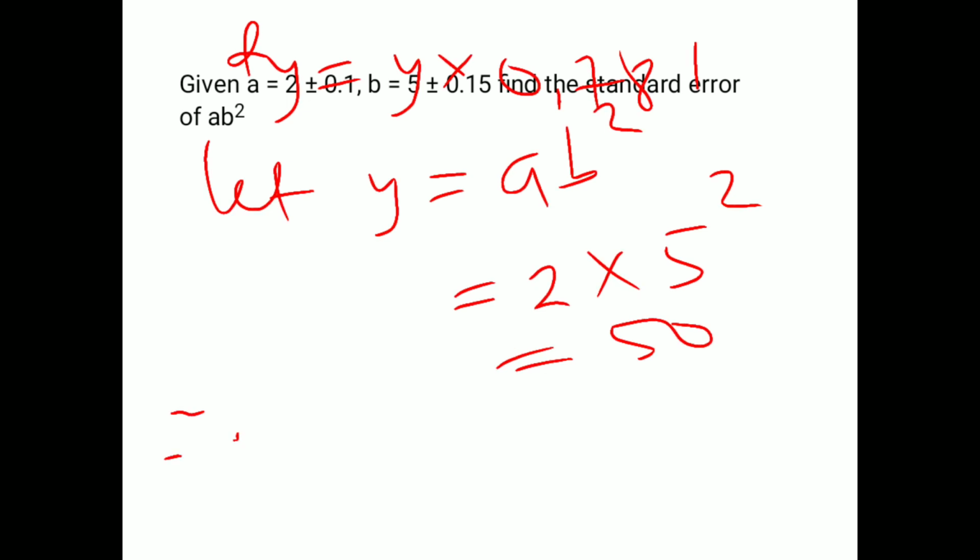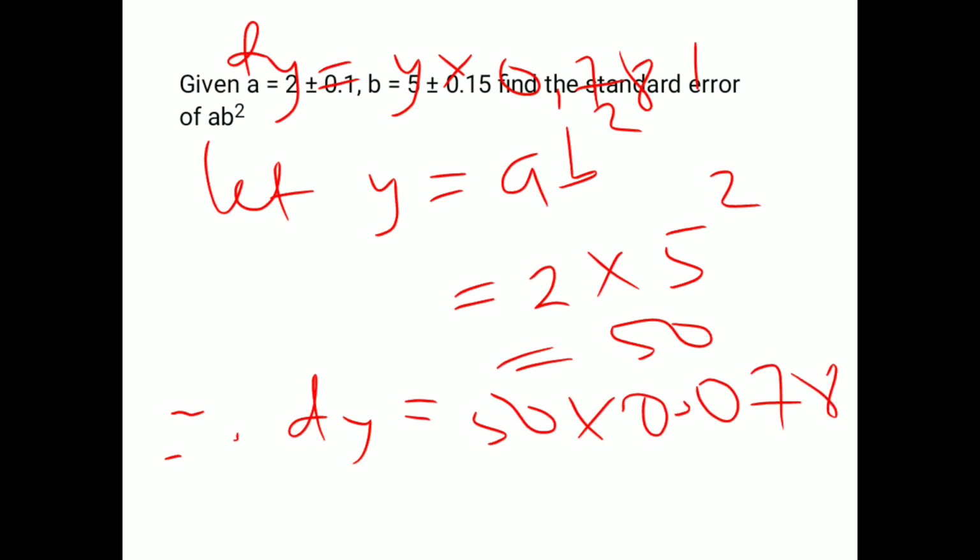So therefore, our dy is equal to 50 times 0.078, which gives us 3.9. So that means the error in ab squared is 3.9. Okay, so that is it for standard error.